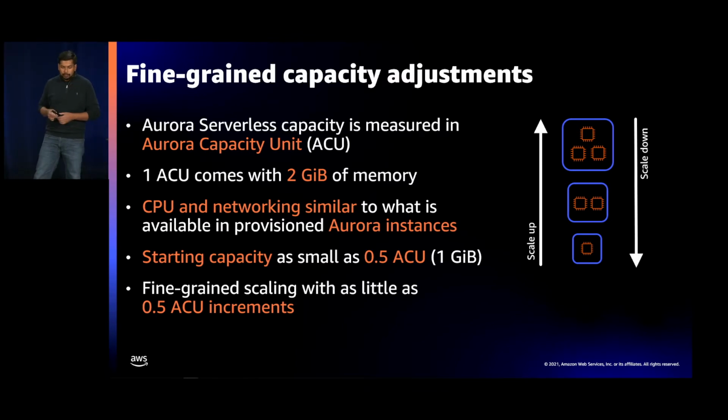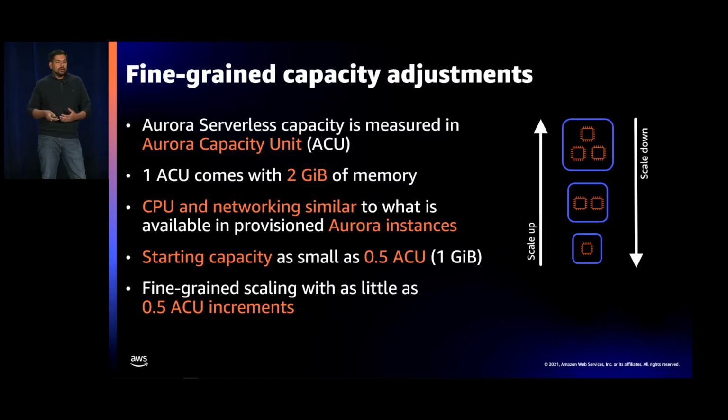The ratio is similar. The starting capacity with serverless is very low. It's half an ACU, which translates to about 1 gigabyte of memory, so a very small database instance size that you can start with. And then any adjustment we make from there on can be in as little as half an ACU.